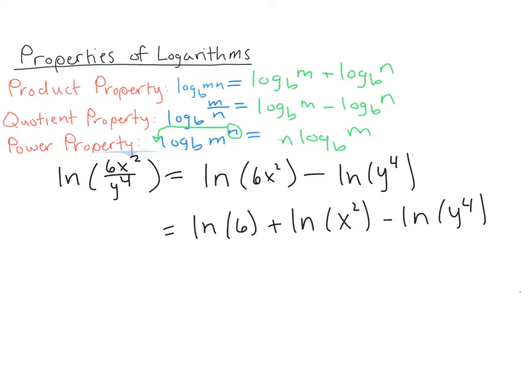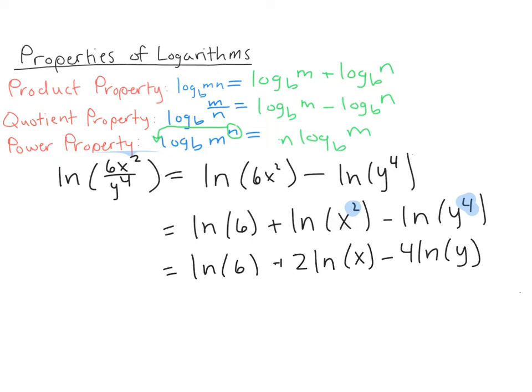The ones I'm looking at specifically now are this 2 and also this 4, okay? And so by bringing them to the front, I have the ln of 6 plus 2 ln of x minus 4 ln of y. And that right there is our answer.